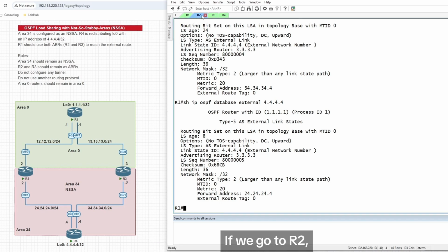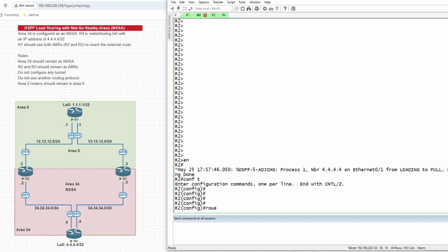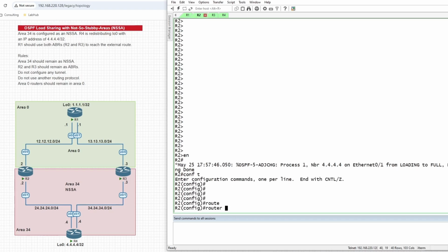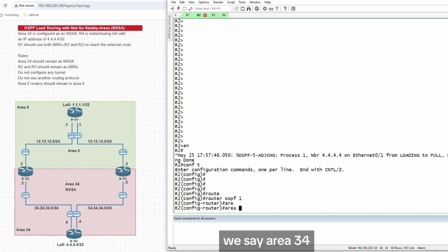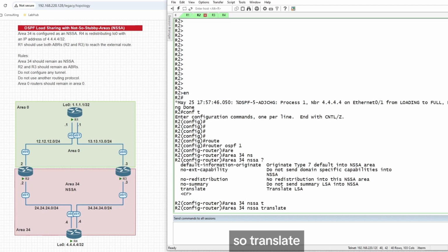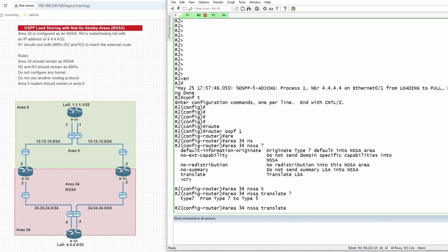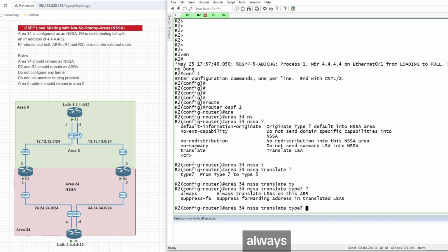If we go to R2, we go to OSPF, we say area 34 NSSA, and we've got our options. Translate type 7 always.